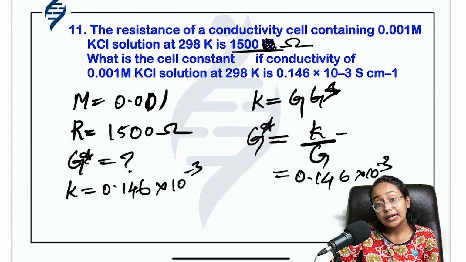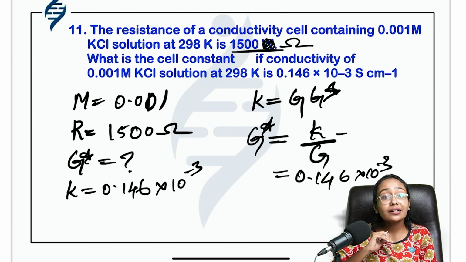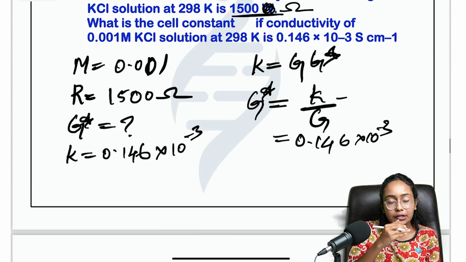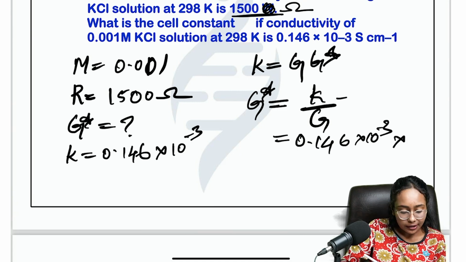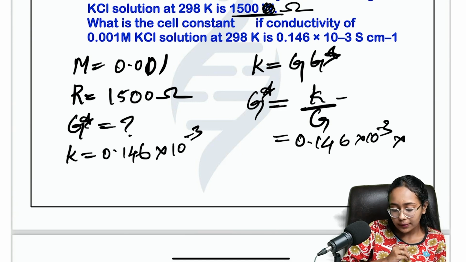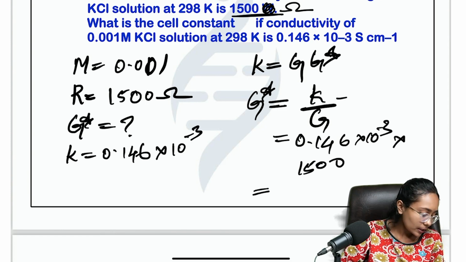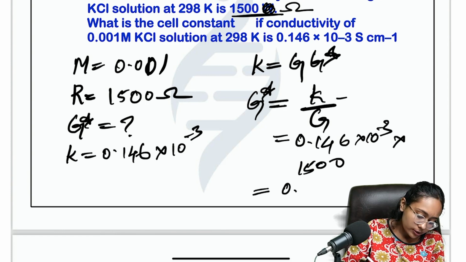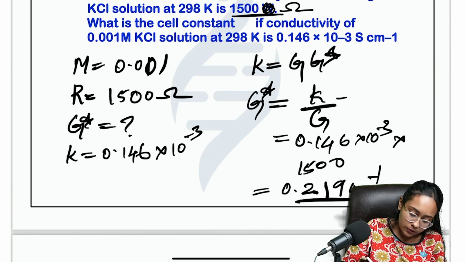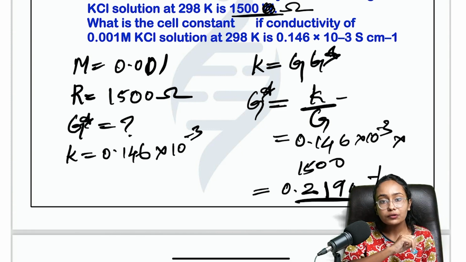And G is the conductance. Conductance is not given here, but the resistance is given, right? Conductance is the reciprocal of resistance. It is actually 1 by R. So multiplying it with the conductivity value, 1500, I get the cell constant as 0.219 centimeter inverse. This is the value of cell constant.